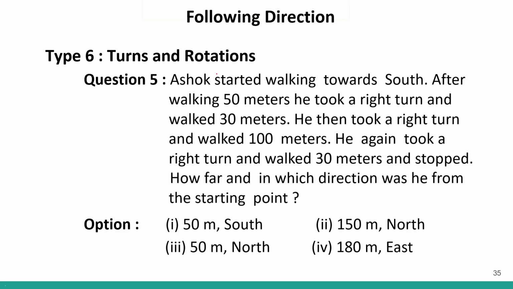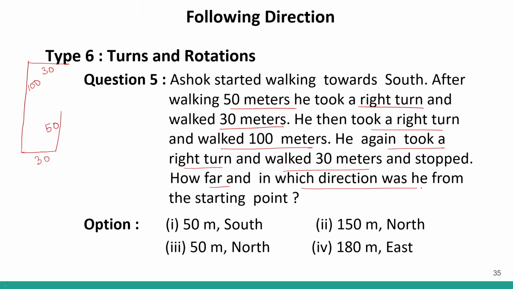Now let us see. Ashok started walking towards south. So Ashok is going towards south and he walks 50 meters and then he takes a right turn. So right turn will be this side and he walks for 30 meter, right? Then again he took a right turn and walked 100 meters. He then again took a right turn and walked 30 meters. And he stopped.